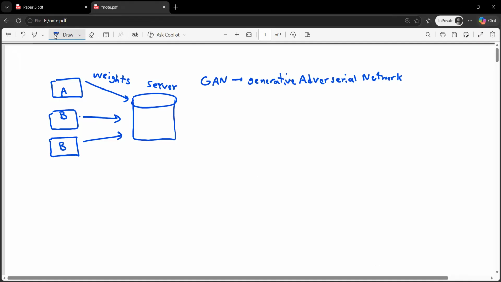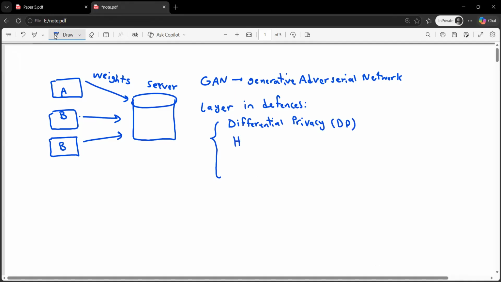But for solving this problem, we have layered defenses, or defense in depth. We have three layers that I want us to talk about. One of them is differential privacy, or DP.